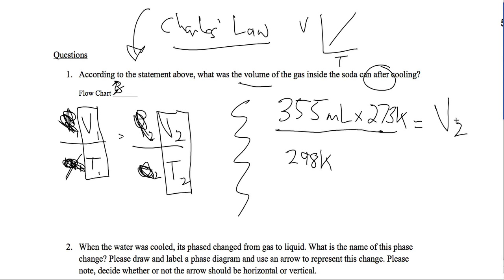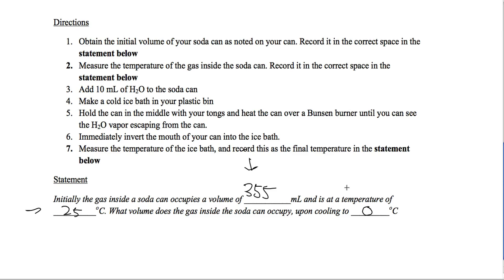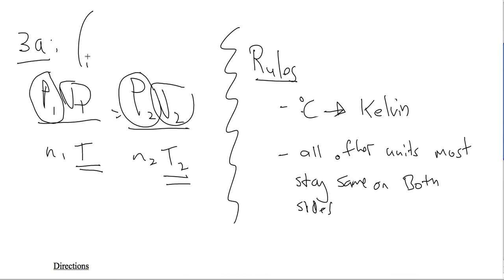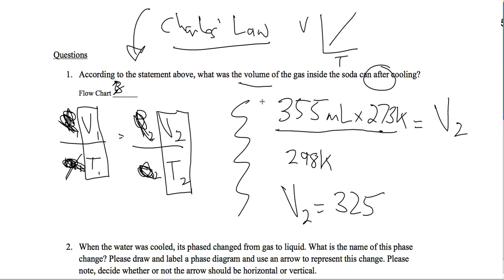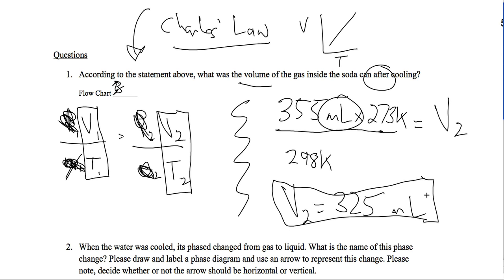So I'm going to go to my calculator and type 355 times 273 divided by 298 equals 325. So in this case, V2 for me was 325. Now remember what I said initially: if the volume that goes in is milliliters, the volume that comes out is going to be milliliters. What went in here was milliliters, so what comes out is definitely going to be milliliters.